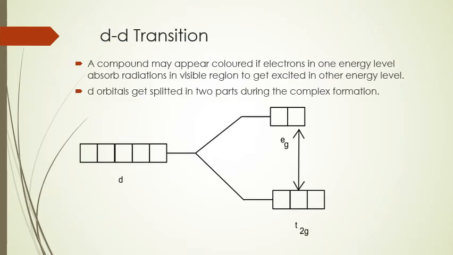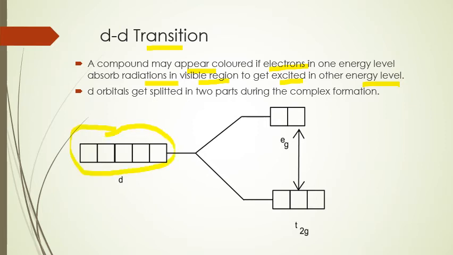For the d-d transition, a compound may appear colored if the electrons in one energy level absorb radiation in the visible region to get excited to another energy level. And how does it happen? When the ligand approaches the central metal atom having d orbitals.